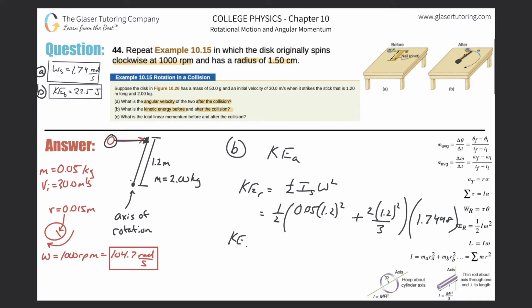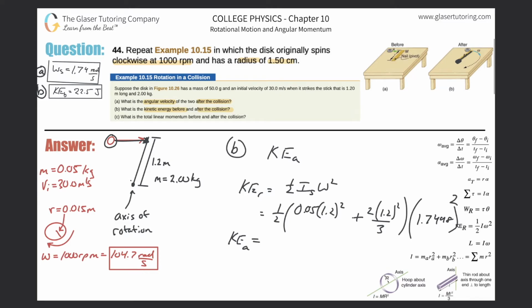So the kinetic energy after the collision is simply going to be 0.5 times, in parentheses, 0.05 times 1.2 squared plus 2 times 1.2 squared divided by 3. Close those parentheses, then multiply that by, don't forget to square it.